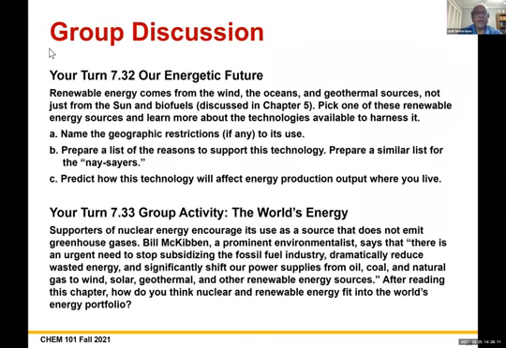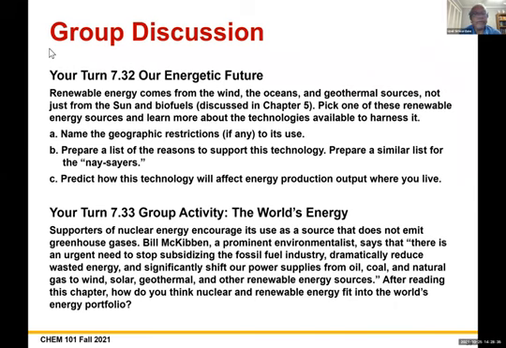Now let's talk about some of the issues that deal with providing energy in the future. Renewable energy comes from the wind, oceans, and geothermal sources, not just from the sun and biofuels discussed in chapter 5.